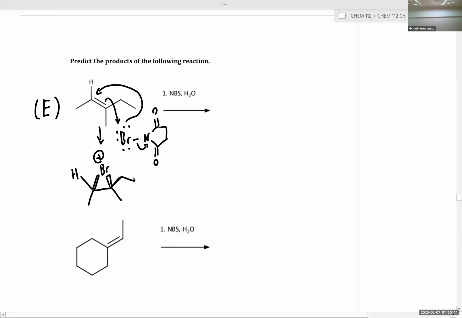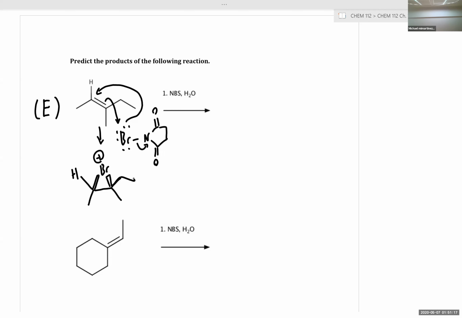Allow me a moment to make a model of this intermediate. Okay, halfway there.